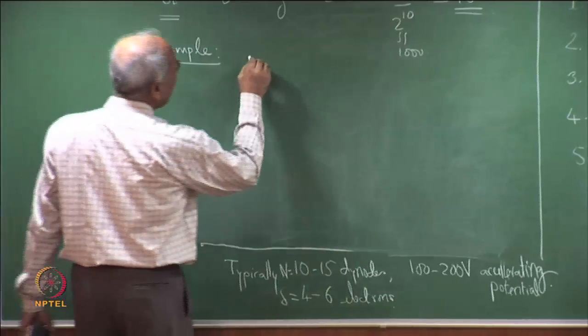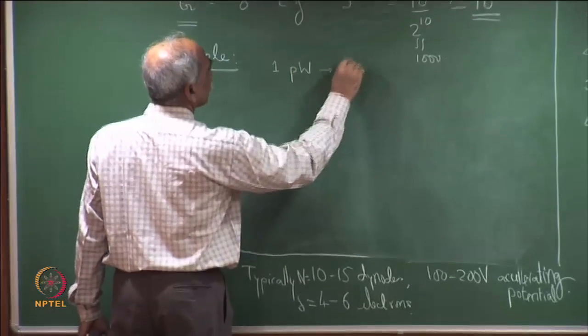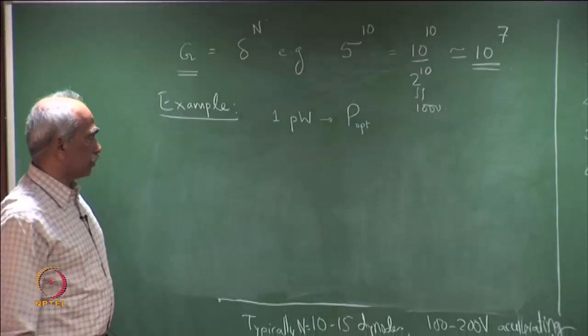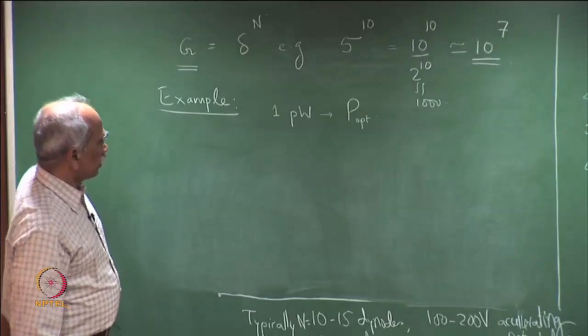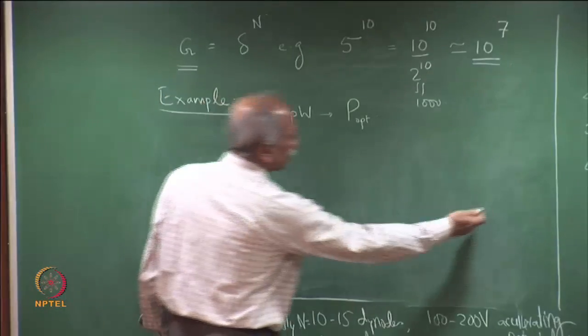Let us say the incident optical power is 1 picowatt. So, how do we calculate the output across the load resistance?